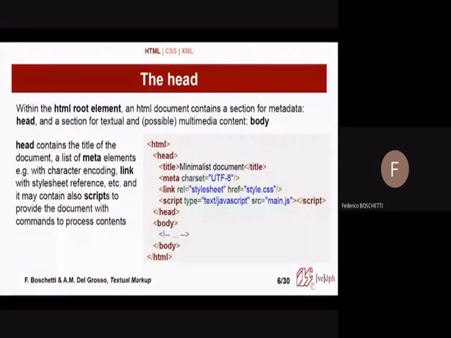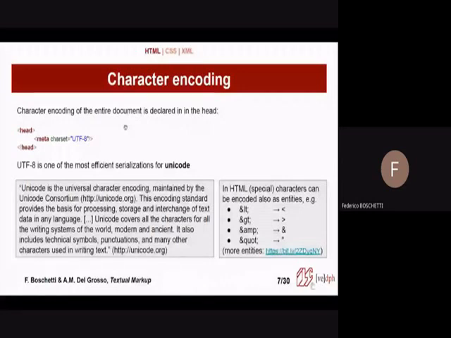The character coding of the entire document is declared in the head. You see that we have a meta element, an empty element with an attribute charset. In this case, we say that it must be UTF-8. UTF-8 is one of the most efficient serializations for Unicode.